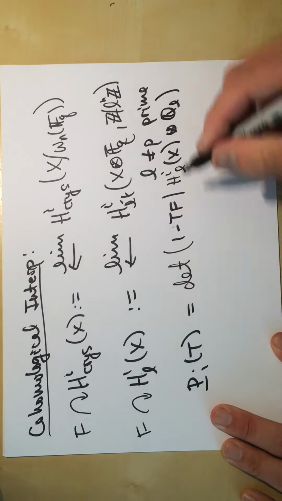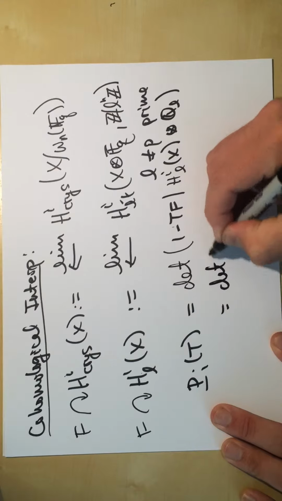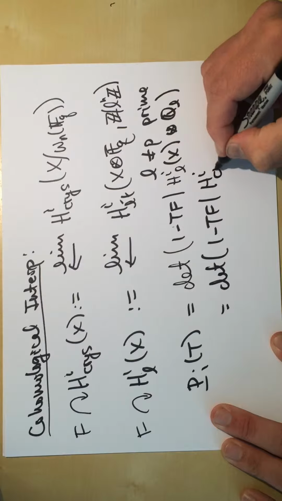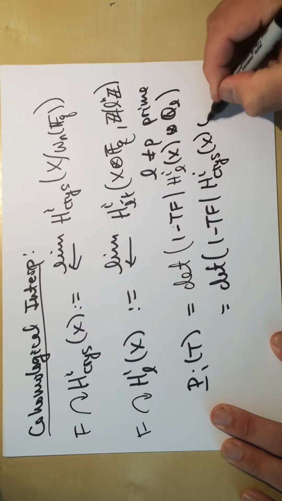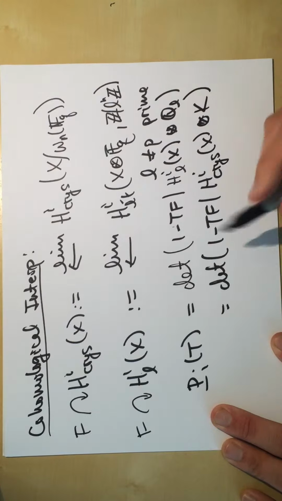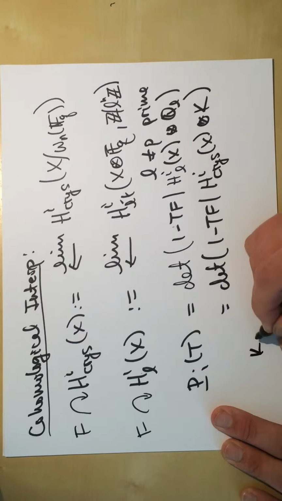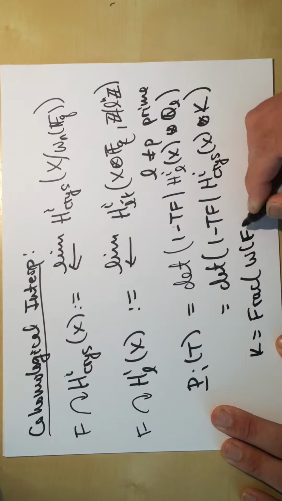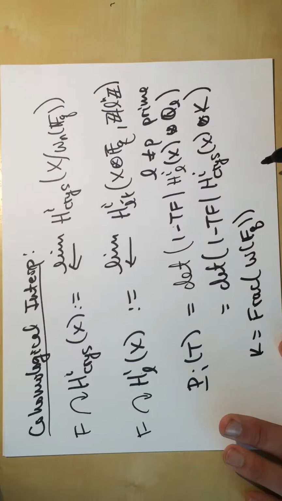So this is the l-adic. Or it'll be the determinant, they're both the same, of 1 minus tF on H^i crystalline of X tensored with K. Here K is going to be the fraction field of the Witt vectors, the full p-typical Witt vectors.